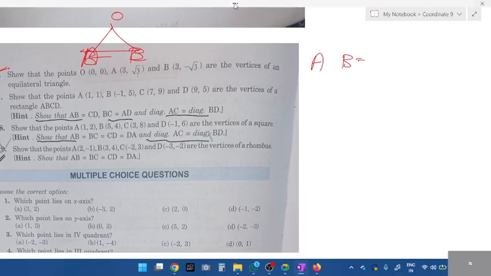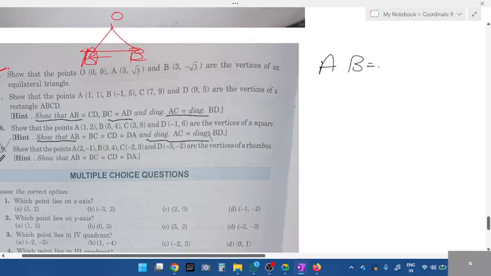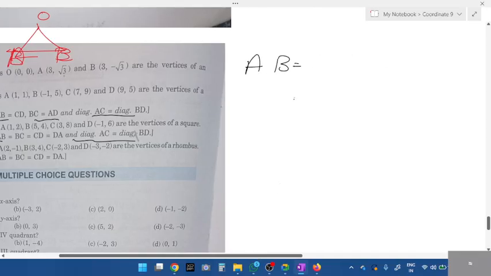Okay, Delisha, one last chance. Tell me how do you solve the last one? Are you there online? Yeah, tell me the formula now. What's the formula? X2 minus x1, the whole square.